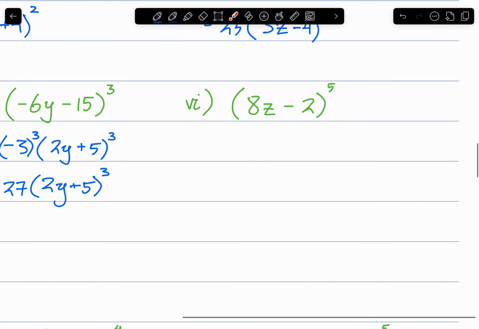And now for this last one, we're going to skip entirely. Take a look. For this, we can factor out a 2. If we factor out a 2 from this, we get 4z minus 1. Now, since this was to the power of 5, and there would have been 5 groups, this factor would have been raised to the power of 5 as well.